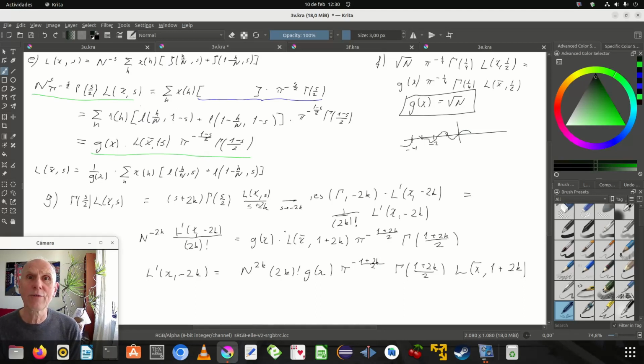Right? And finally, we should specialize to k equals naught. That's unity, that's 1. And pi to minus 1/2. Gamma of 1/2.